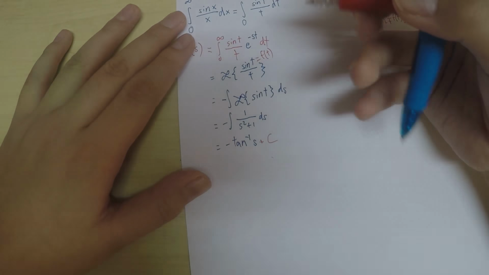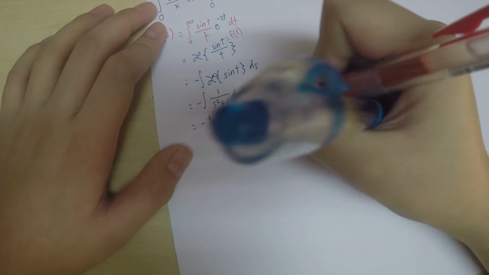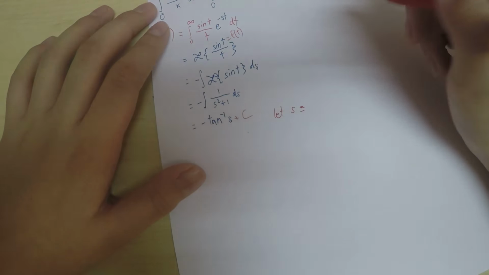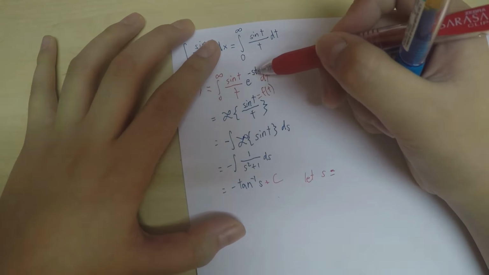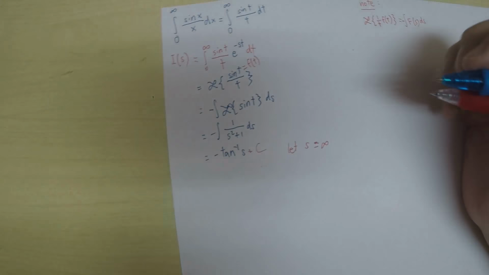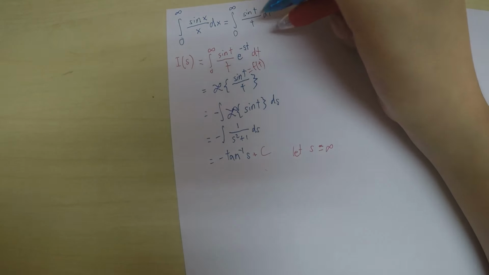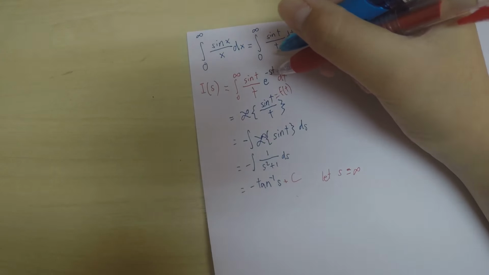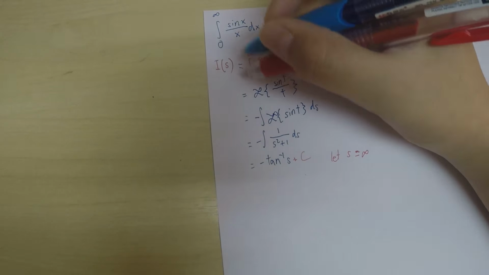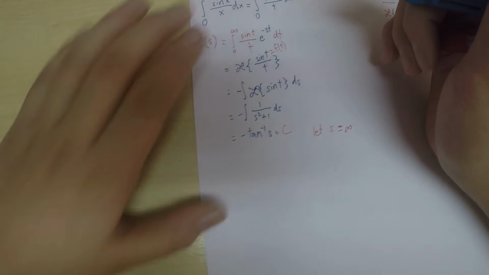So let's plug in s. I'll let s equal, say, infinity, because if s approaches infinity, this e to the negative st will become 0, thus making this whole integral 0.